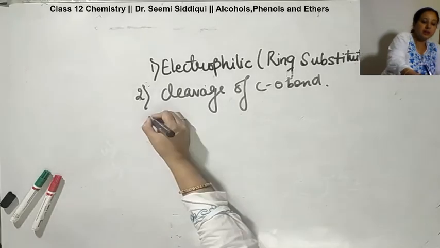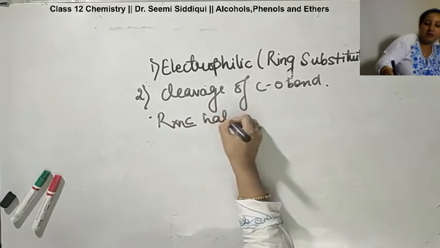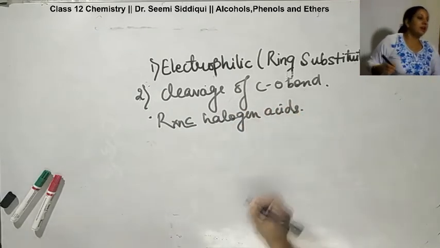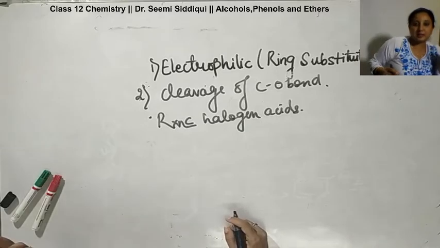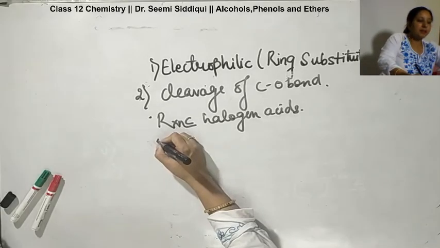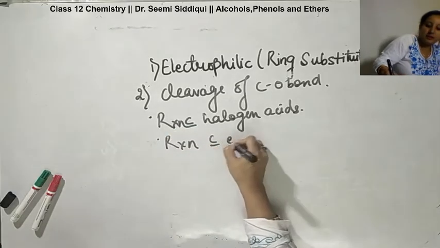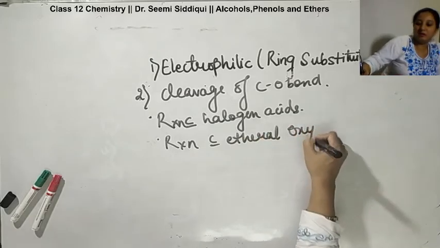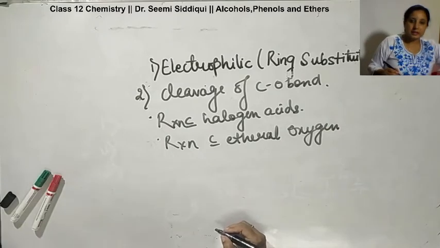First was the reaction with halogen acid. What does halogen acid mean? That you are going to take HF. Then we also did a reaction with the ethereal oxygen over there, isn't it?